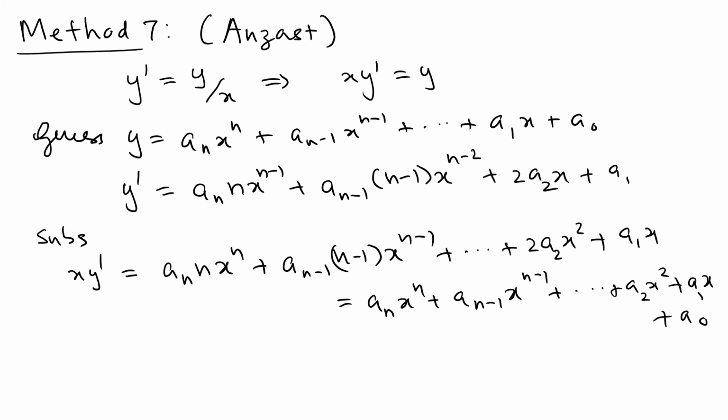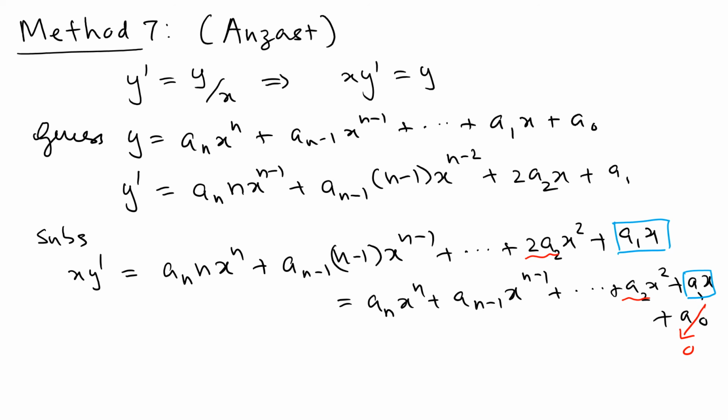Those two are the same thing, so that means all the coefficients have to be the same. This suggests that a naught has to be 0. We also notice that we have the a1 x term on both sides, so that means a1 can be anything. But all the other terms have different coefficients, so those coefficients have to be 0.